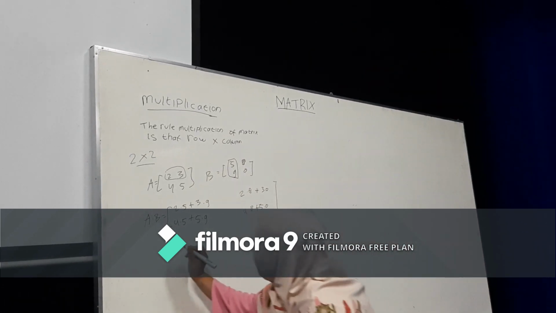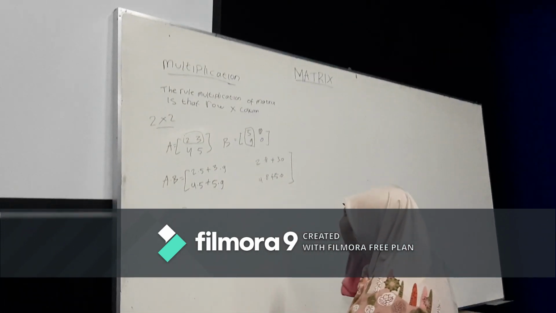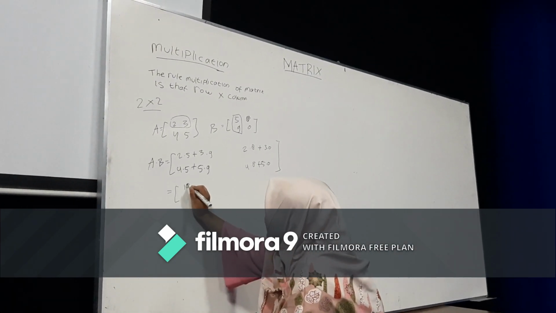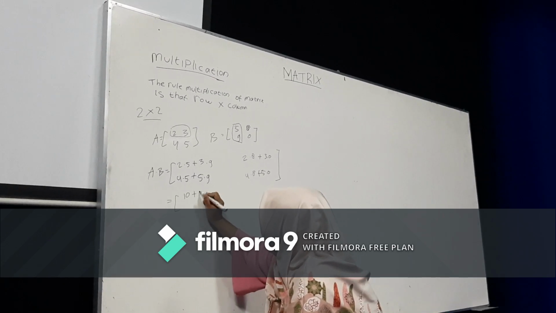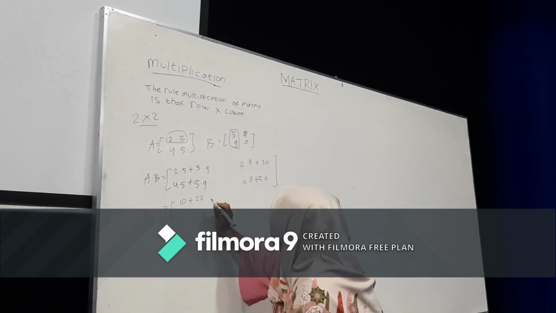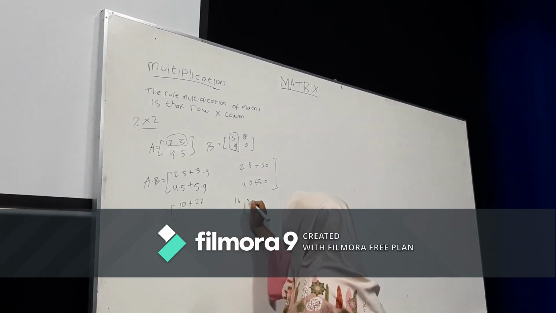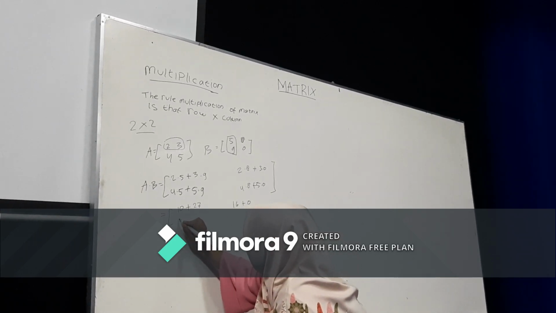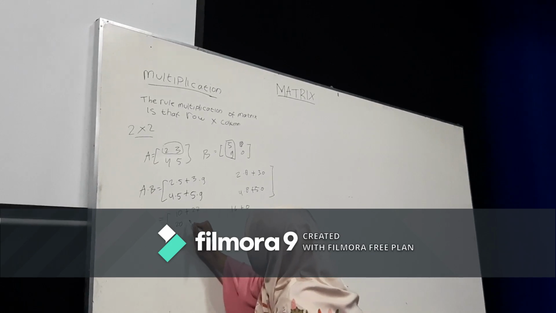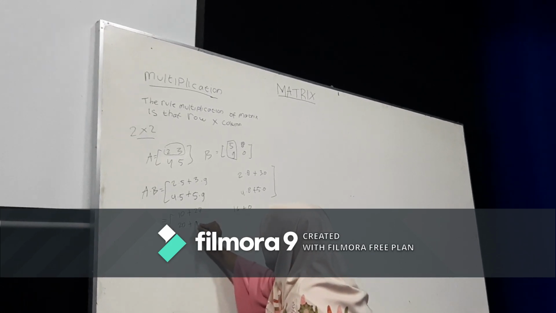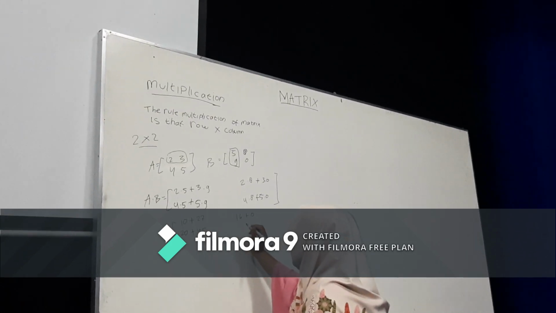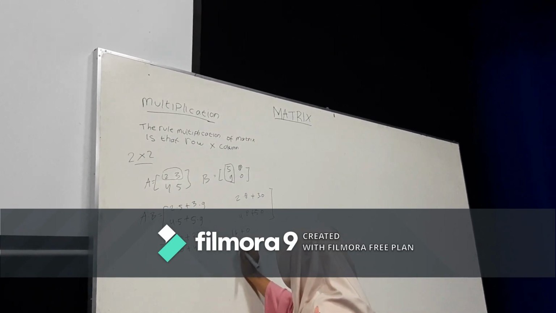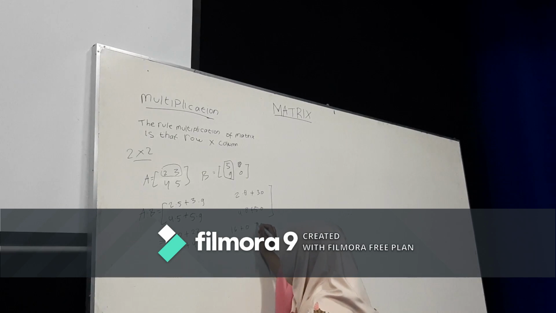So equals open bracket 10 plus 27 and 16 plus 0, 20 plus 45 and 32 plus 0, close bracket.